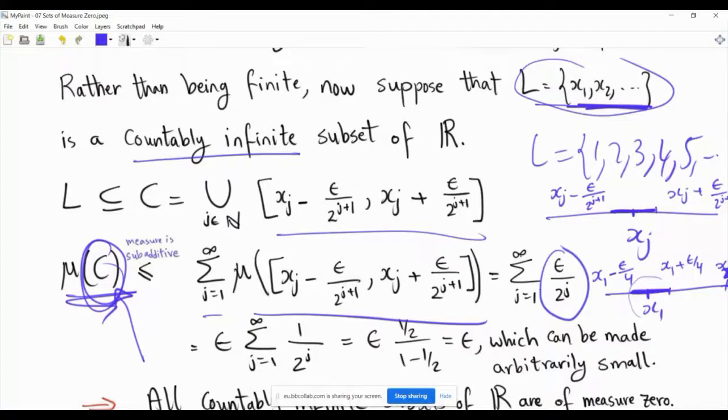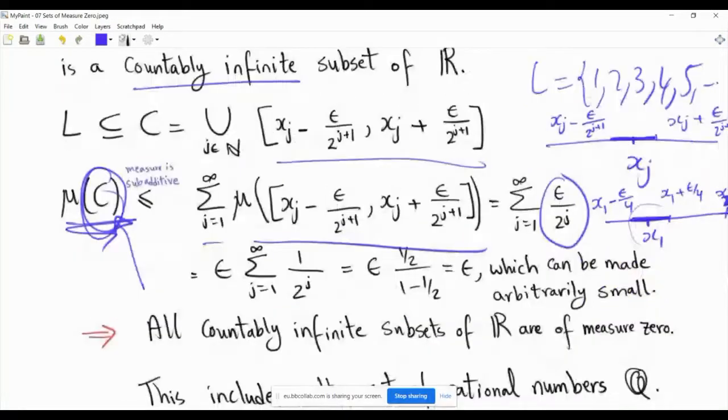So this summation, which is an infinite sum, does converge, and if you evaluate it using the formula for the geometric series, you will get epsilon as an upper bound on the measure of C. So L is contained in C, and the measure of C is upper bounded by epsilon, and epsilon can be chosen to be as small as we wish. We can make it ridiculously small.